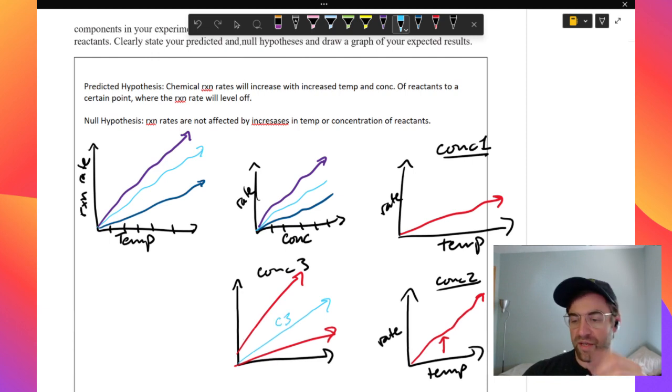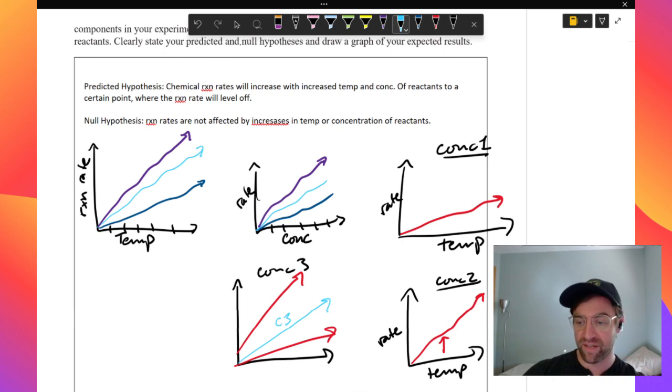Concentration 3 was a leveling off point where basically you added more stuff, but it didn't have a greater impact. If the concentration of solution 3 was greater than the concentration of solution 2, but solution 2 activated faster, then concentration 2 may be closer to the saturation point.